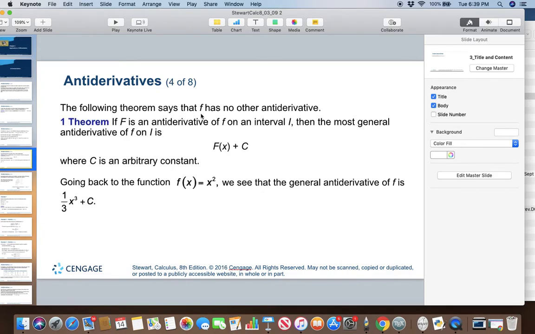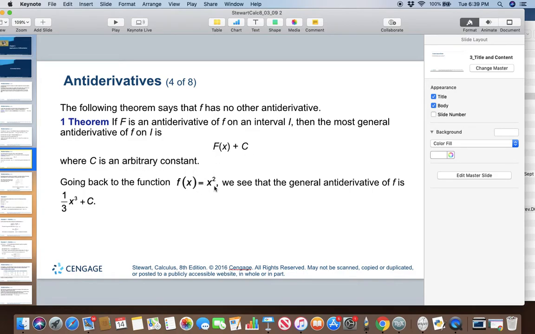The following theorem says that f has no other antiderivative. If capital F is an antiderivative of little f, then the most general antiderivative of little f is capital F plus some constant, any arbitrary constant.